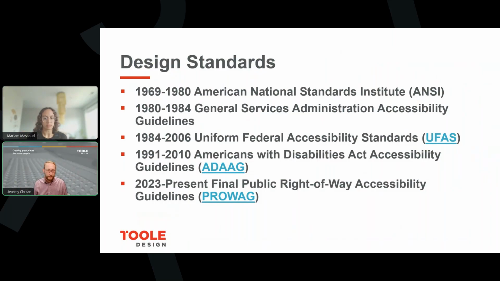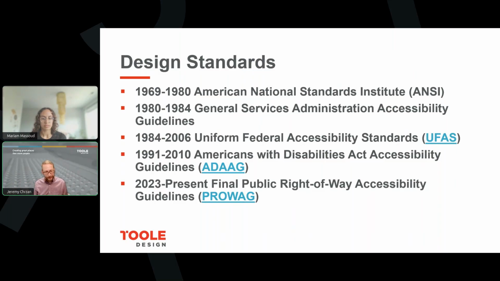So again, this is sort of that walking up to the adoption of the Americans with Disabilities Act in the 1990s. And then we had the creation of the Americans with Disabilities Act Accessibility Guidelines. Those were developed in the 90s and early 2000s. Sometimes you'll hear that referred to as ADAAG. And ADAAG is really focused on building design, though it did have some guidance on things like curb ramps within parking lots.